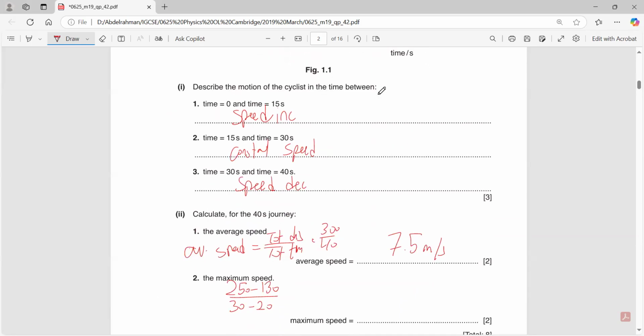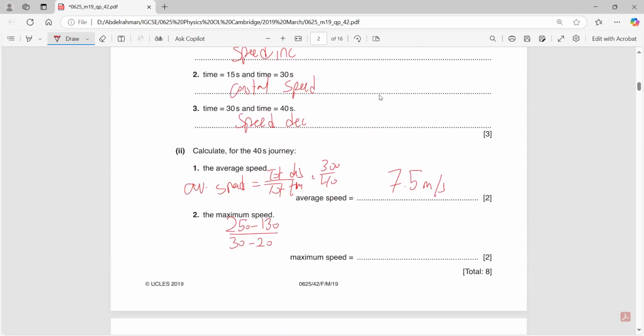This is 120 over 10, 12 meters per second.